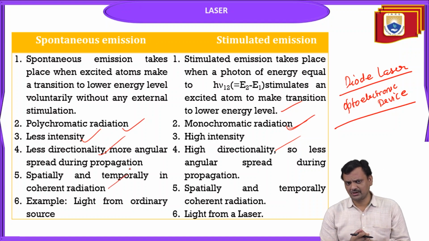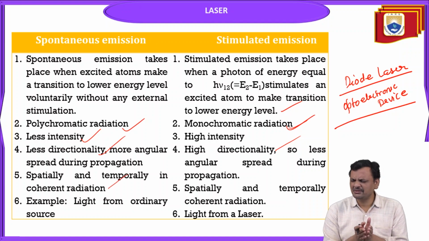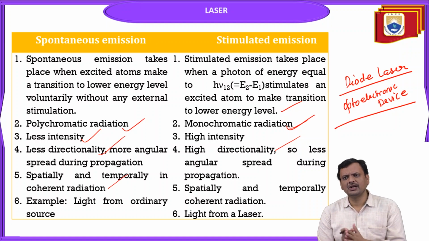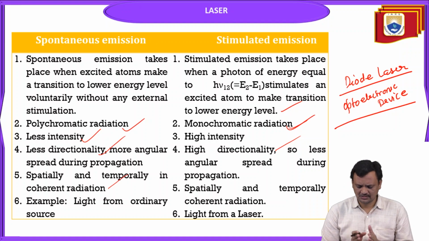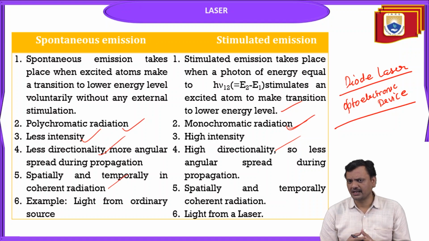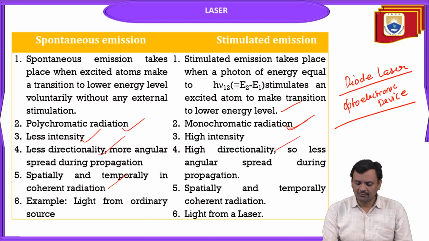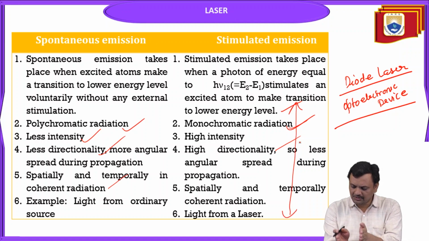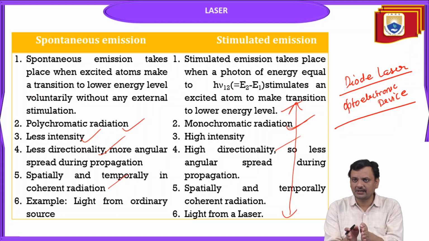In terms of coherency, maybe they can maintain temporal or spatial coherence in spontaneous emission also. And in stimulated emission also, they will obviously maintain spatial and temporal coherence. But whatever light is generated by stimulated emission will follow the characteristics of laser.